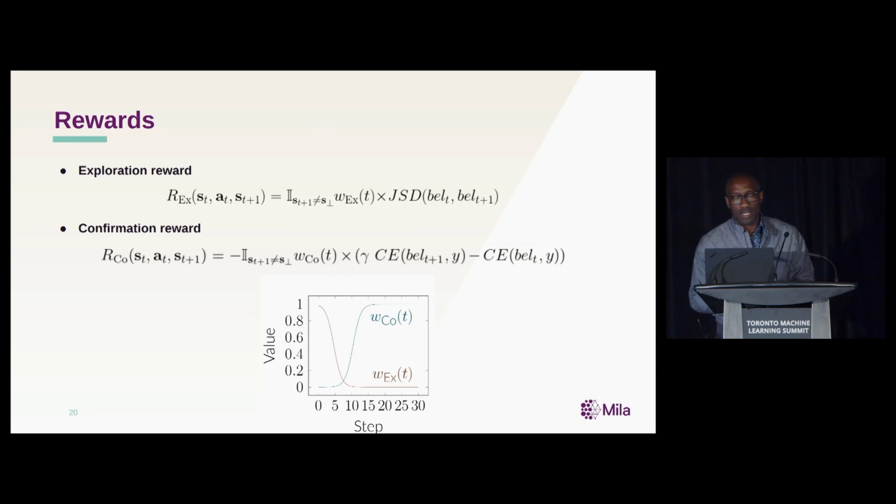And because this exploration reward is really important only at the beginning of the interaction, we introduce some kind of temporal modulation that will characterize the importance of this component. This is the function here in red over time.